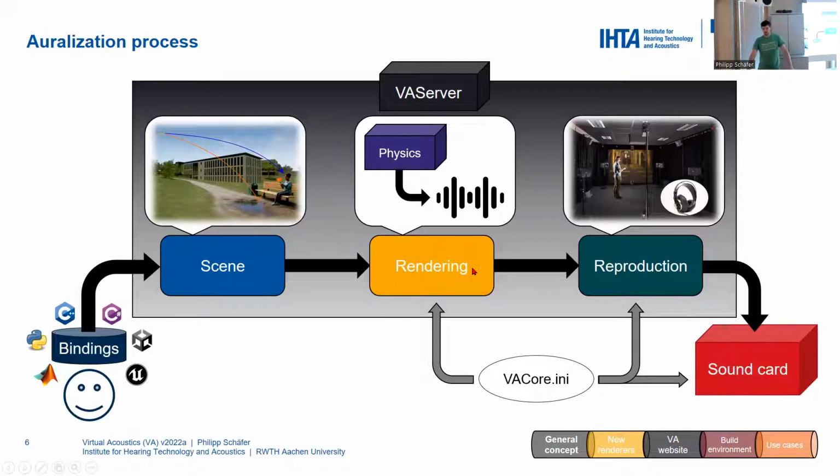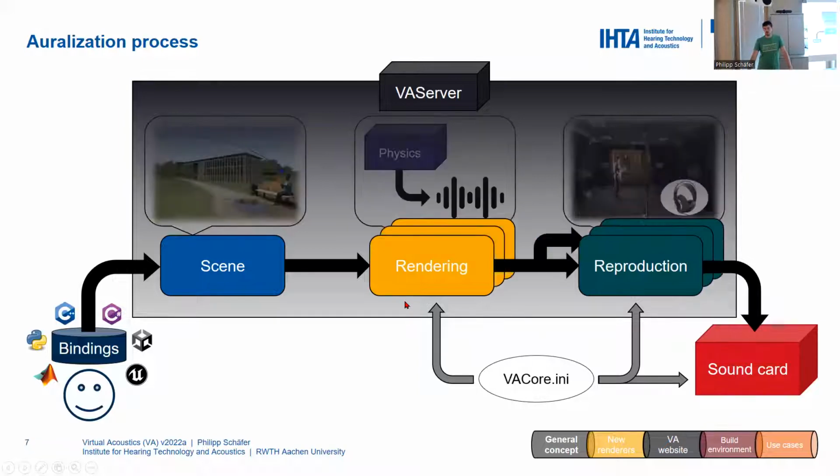So I already talked about this word, modules. Actually, there's not only a single type of rendering in VA, there are multiple types. So we have different modules, and each of those modules uses different kinds of physics in the background, so they have different assumptions about how we render the scene.